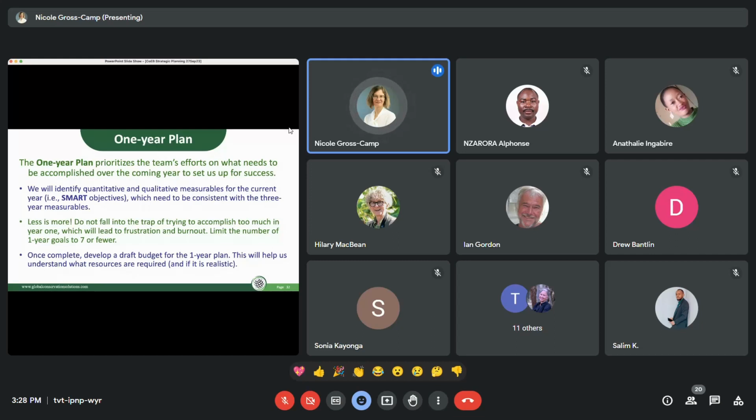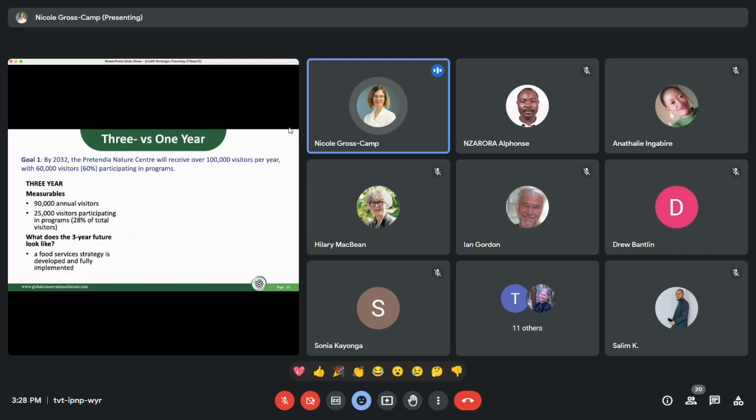Example of this, so at Pretendia Nature Center, they want 100,000 visitors, 60% of those participating in programs. So they said, okay, well, at 3 years, we want to have 90,000 visitors, and 28% of those, or 25,000 of those, are participating in programs, 28% of the total visitors.